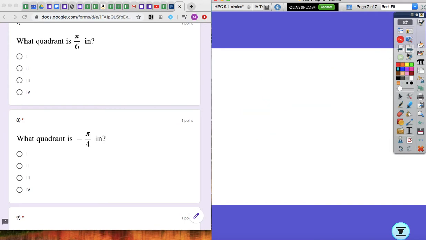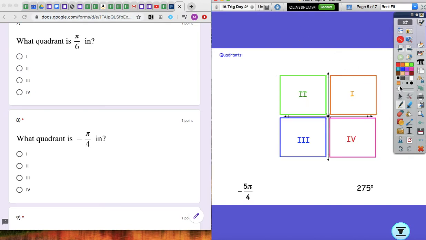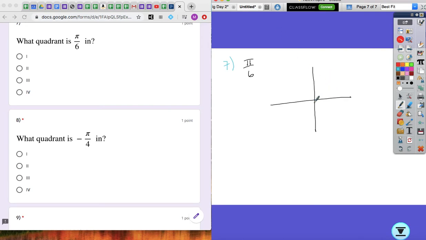Okay, the next one is talking about pi over 6. Now, you could convert this to degrees, but if you remember, let's see, I wonder if I have it here. No, I don't. I didn't have them all labeled.